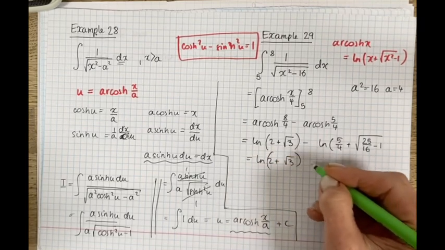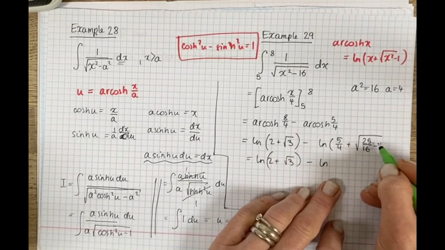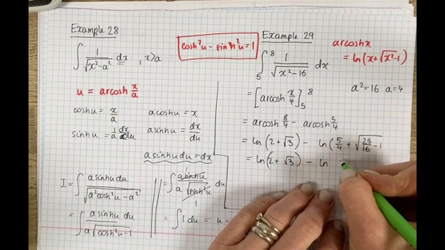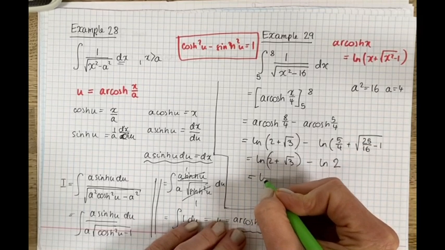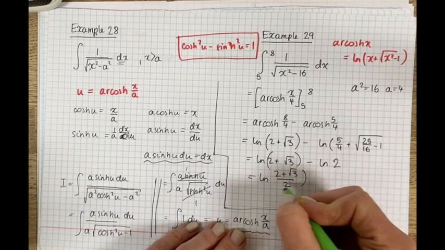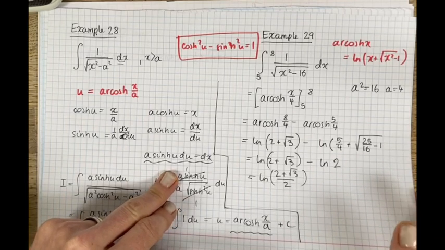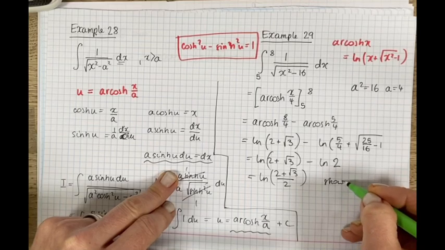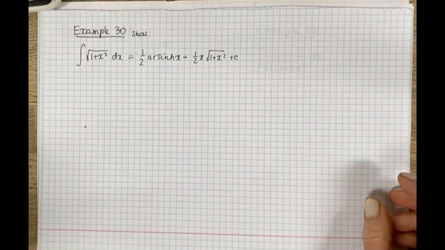Keep it in brackets, don't forget brackets. I know when you do it fast you may forget. This one is 9 over 16, put it in the calculator, that will give me 3 over 4, so it's 8 over 4, which is 2. So it's ln of (2 plus root 3) over 2. There you go. It was actually a show that question, which I didn't put down. So shown. Write a little conclusion, do a tick, hashtag QED, something like that.